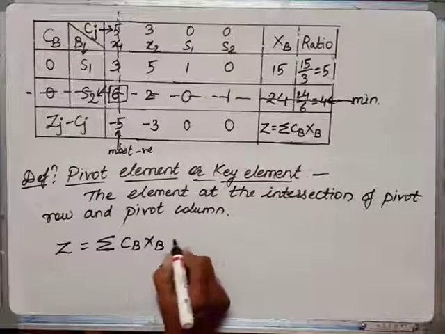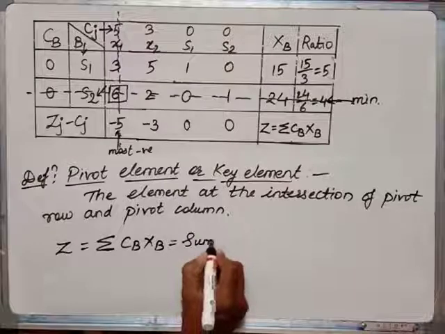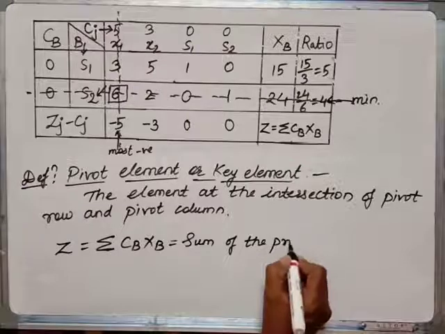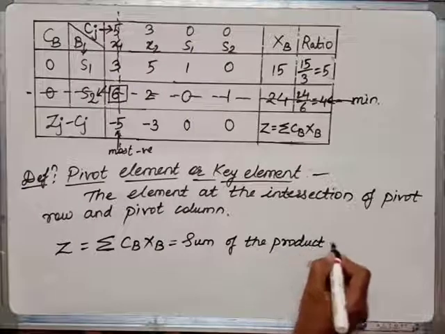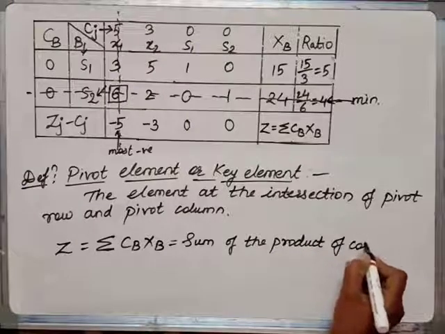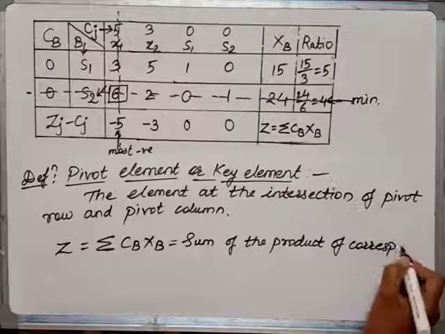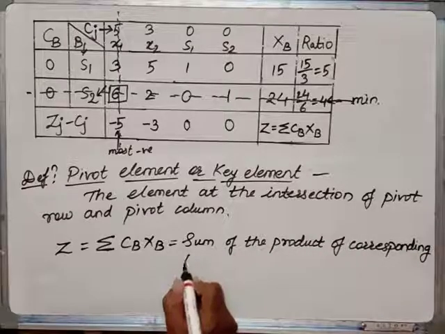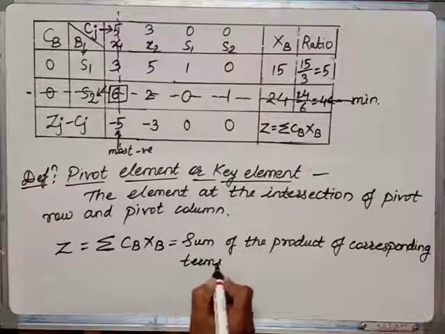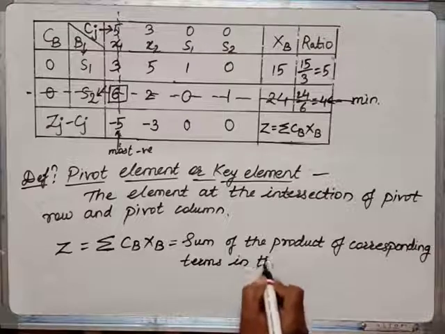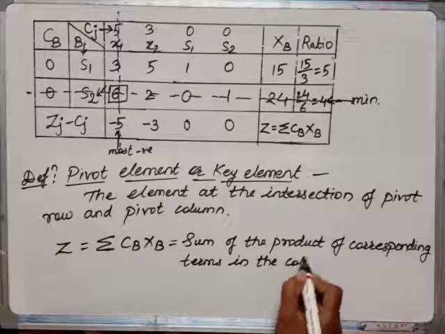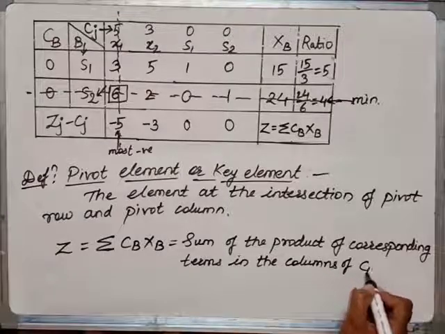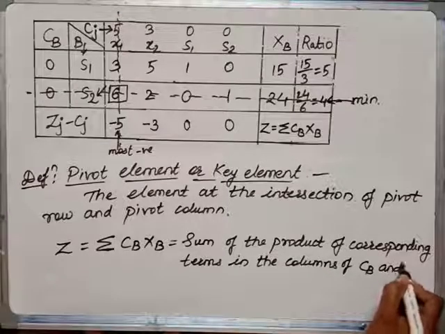So, sum of the product of corresponding terms in the columns of CB and XB.